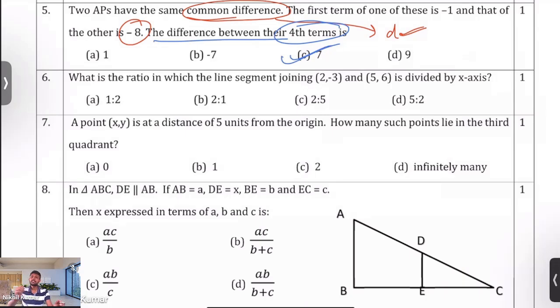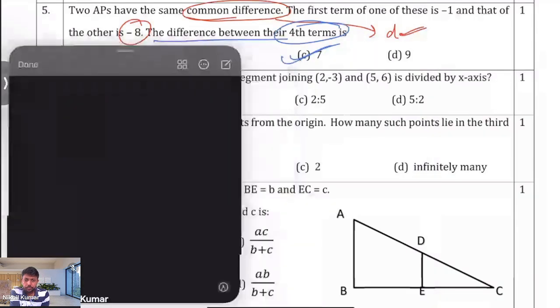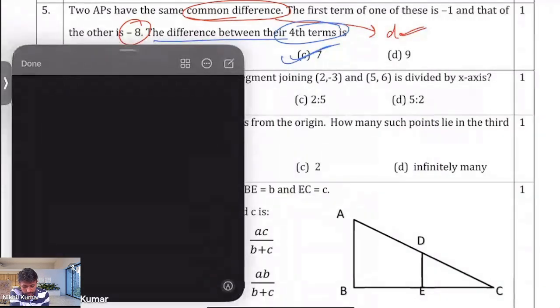Let's move on to the sixth question now. What is the ratio in which the line segment joining these 2 points is divided by the x-axis? Interesting question. Let me roughly draw the axes so that we can visualize the points at least.